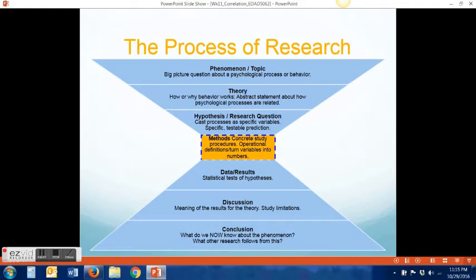Okay, here's our research process hourglass. We're in research methods. We're doing a correlational analysis with the data here that we receive. So the method is correlation, and the analysis is also correlation here.